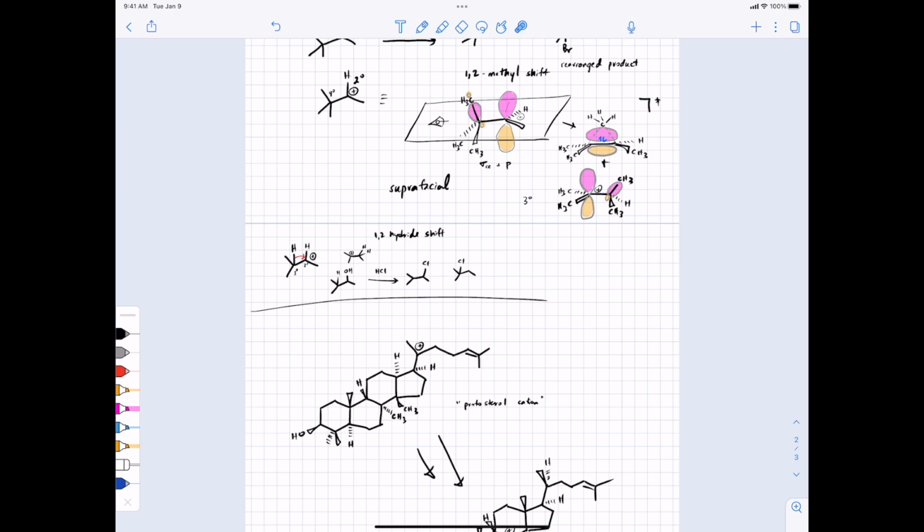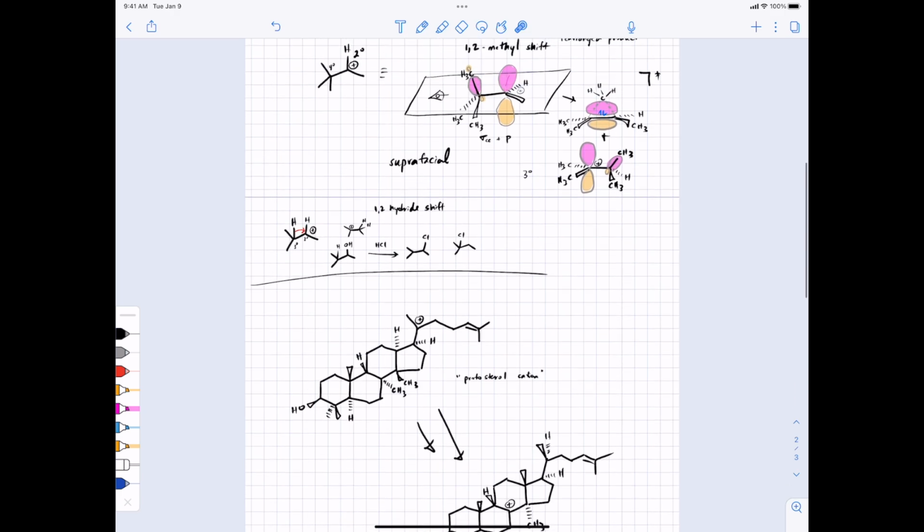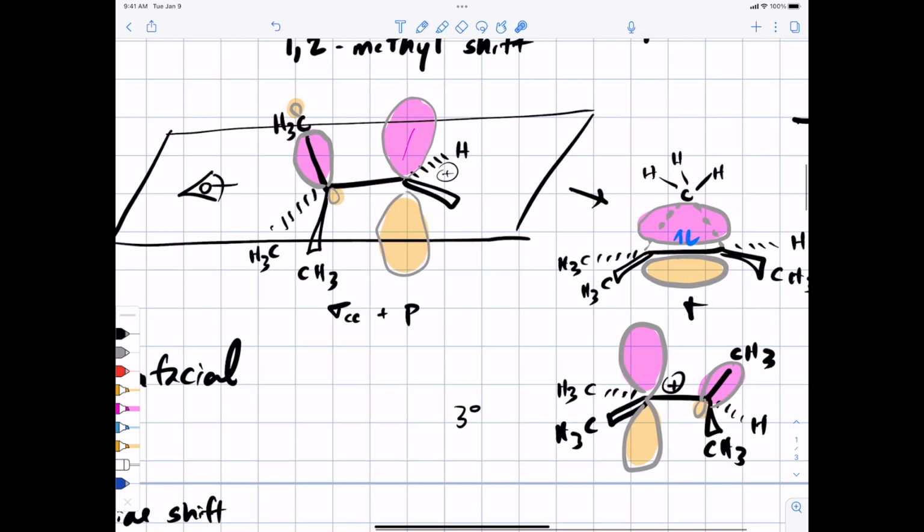All right. So what's happened? Go ahead. So you talk about how you can rotate around the single bond. Can you explain why the shift stays on the same face? Oh, sure. How does the shift stay on the same face when you can rotate around this bond? I'm not saying you can't rotate around this bond, but I'm saying that in order for the 1,2 methyl shift to happen, there has to be continuous in-phase overlap.